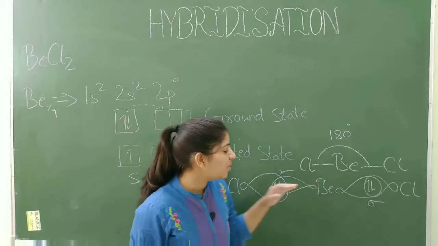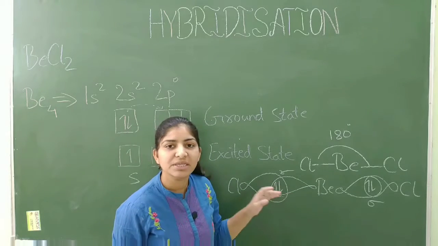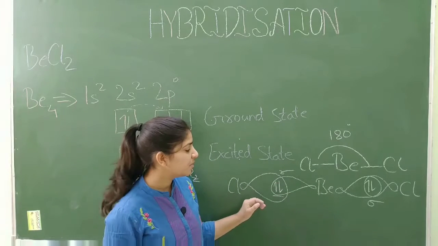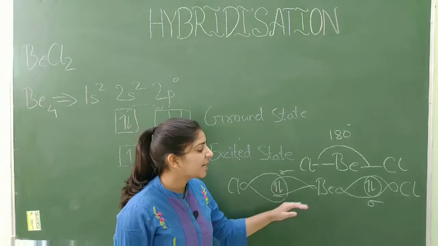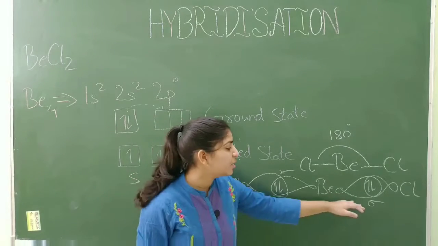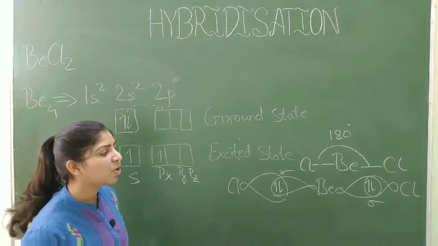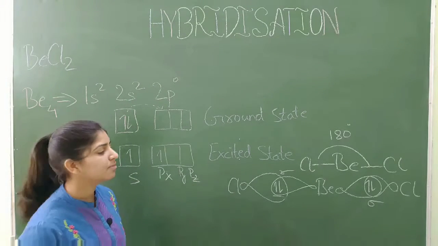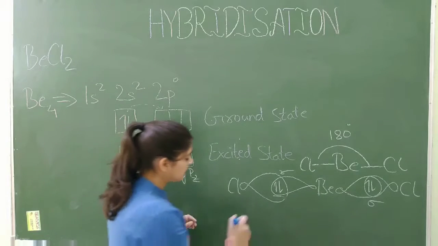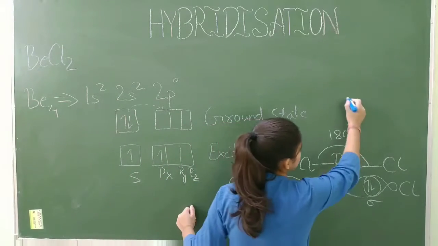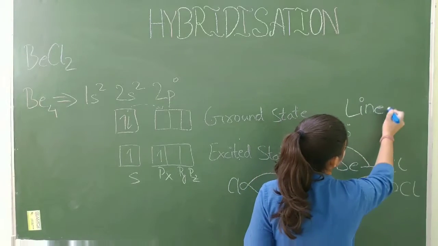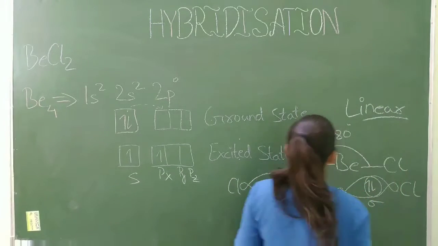Okay, these are the sigma bonds and the shape is unsymmetrical dumbbell, and the bond angle between these 2 hybrid orbitals is 180 degrees. And as we know, if the bond angle is 180 degrees, then the geometry is linear. So this is linear geometry.